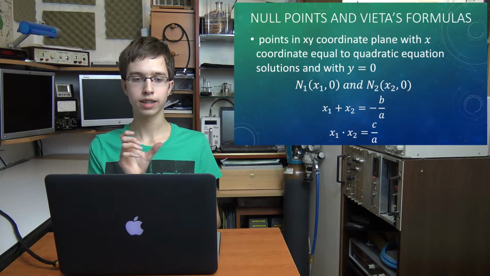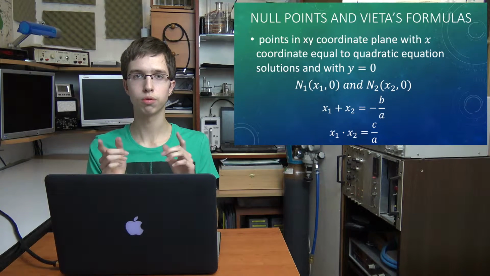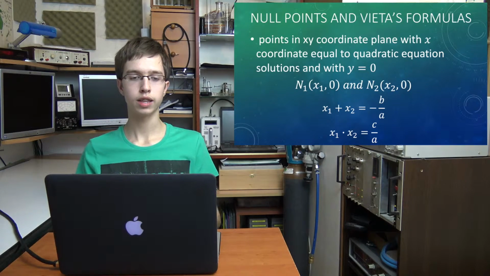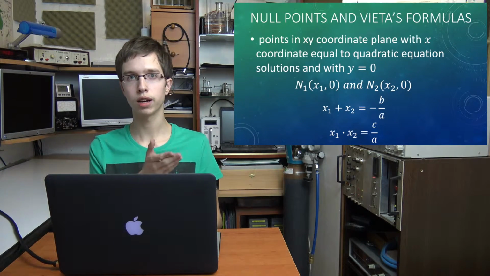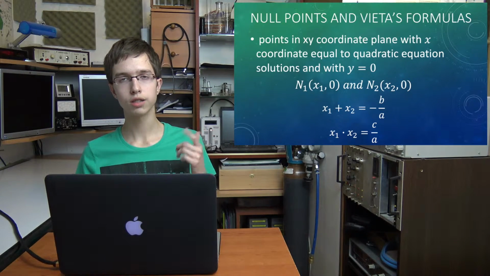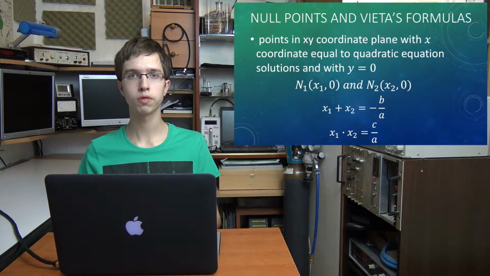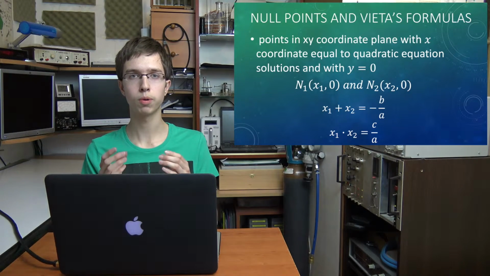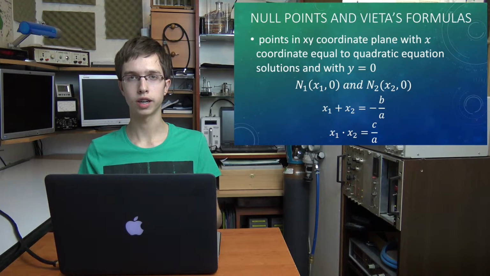So where that parabola intersects the x-axis, we have for that 2 points called null points, these two x coordinates x1 and x2, and they both lie on the x-axis, so their y coordinate is equal to 0. The last two formulas are called Vieta's formulas, which combine x1 and x2, so both solutions of quadratic equation.